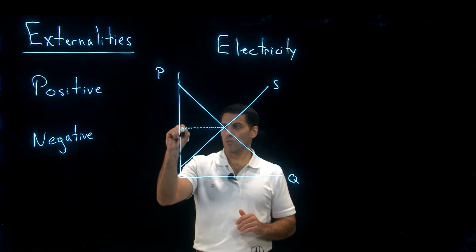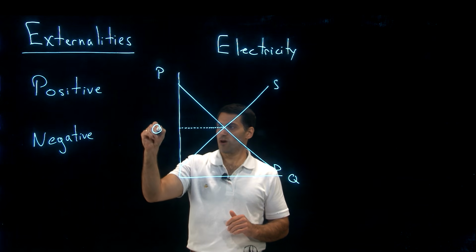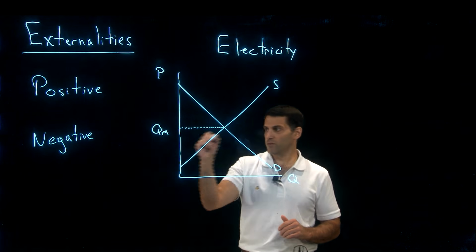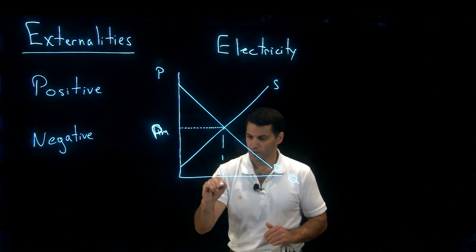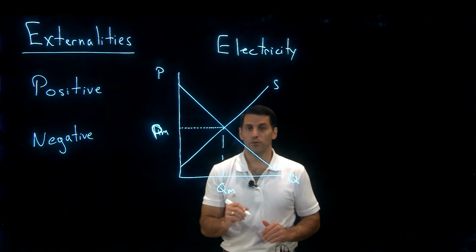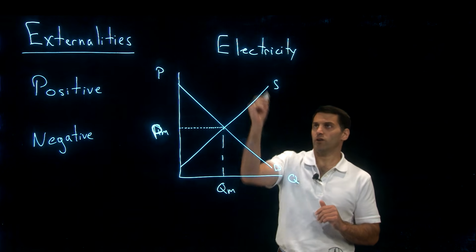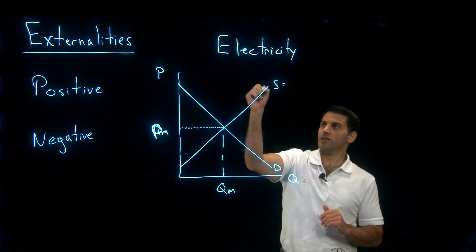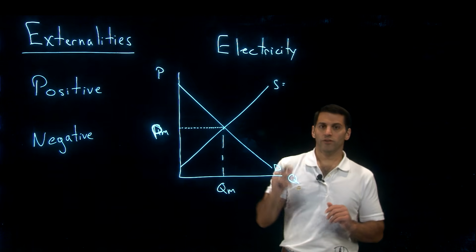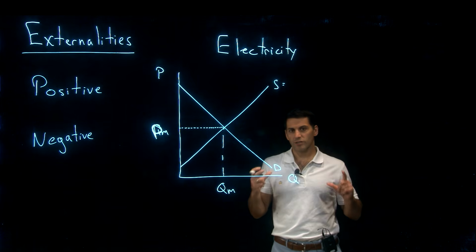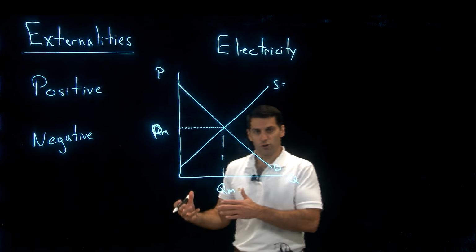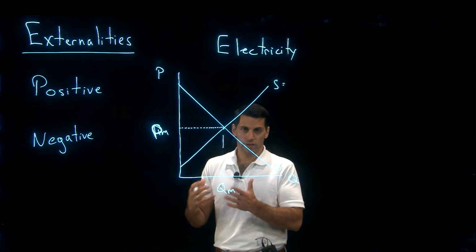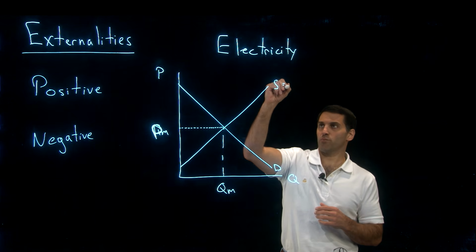Now, here we're going to first show our market equilibrium. And so I'm going to delineate those PM and QM for the market outcome. Now, what we want to note here is that the supply curve, the firms are only taking into account their own private marginal costs, or as the textbook likes to say, marginal private cost.